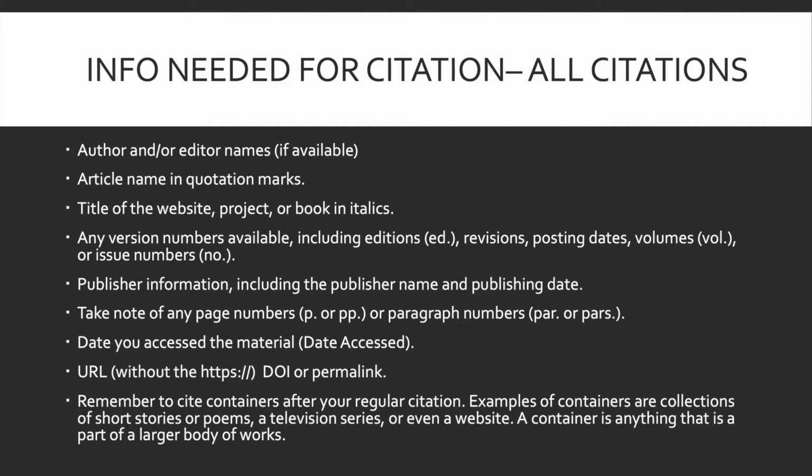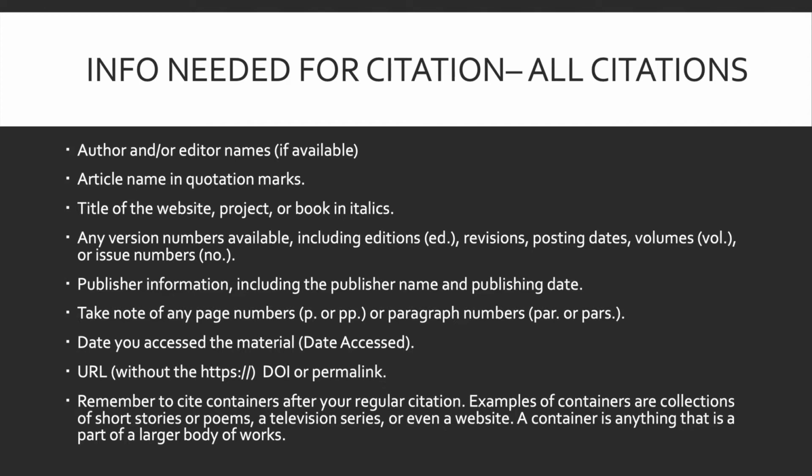This is the information that you need for all citations that you are coming up with. I'm going to spend a couple minutes, just not very long, going through what citations look like. But if you're using the research tools that you have available to you, you shouldn't really ever have to create your own citations. You should be able to find them in the sources that you are using. So I will show that to you in just a minute.